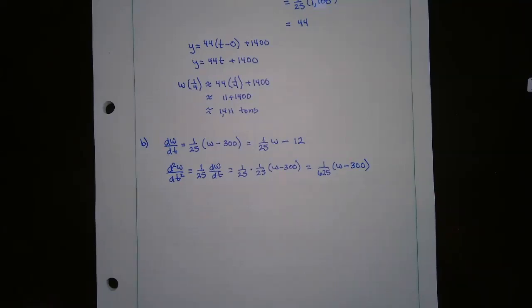So we want to use this next to determine whether our estimate in part A was an overestimate or an underestimate, right? The way to do that is to look at the concavity, because we have the tangent line.